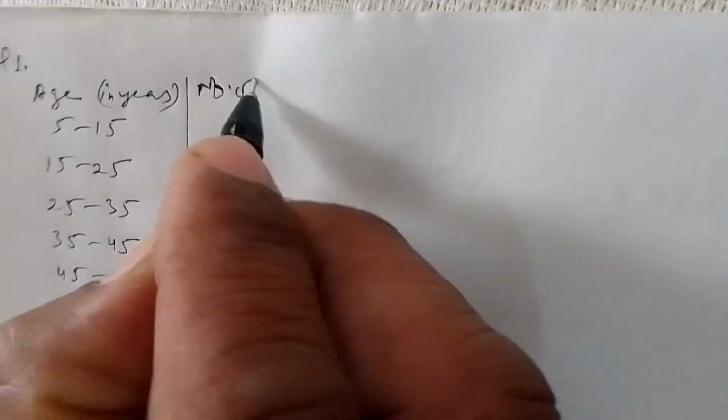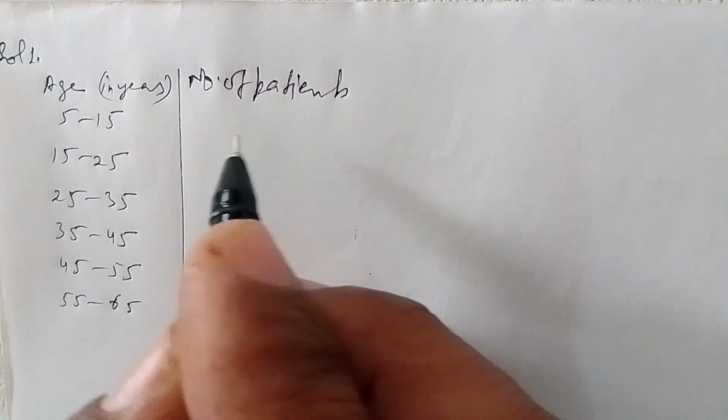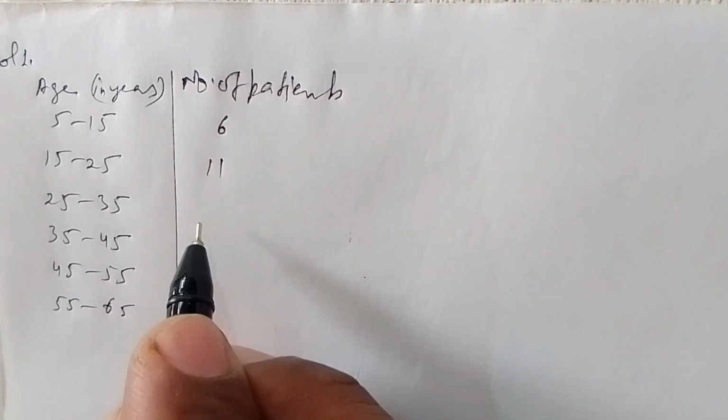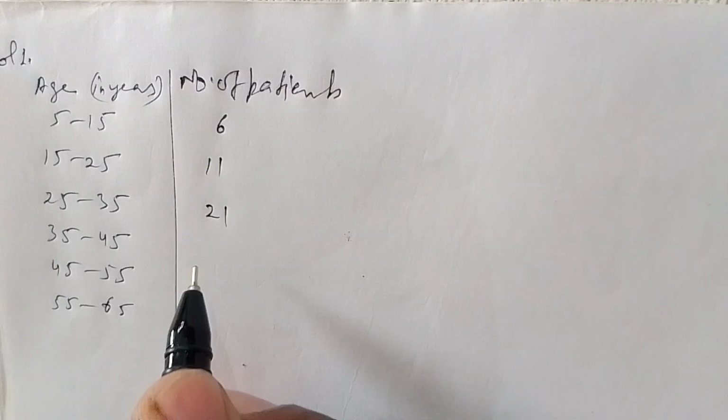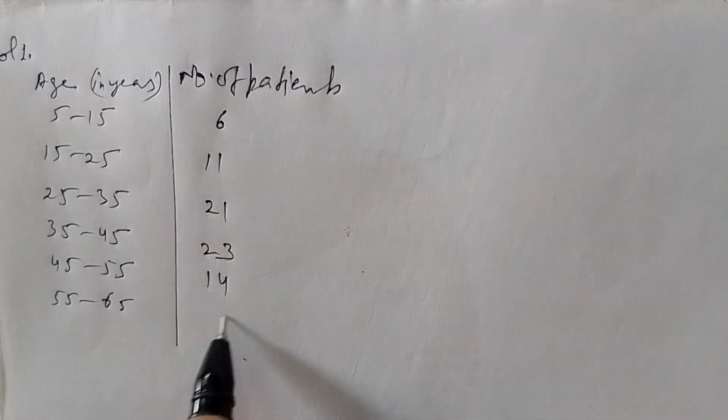Now the second column is the number of patients, that is 6, 11, 21, 23, 14 and 5.